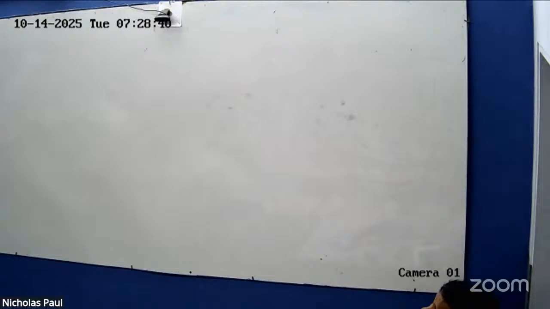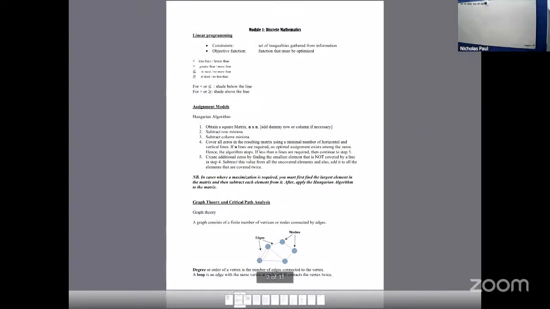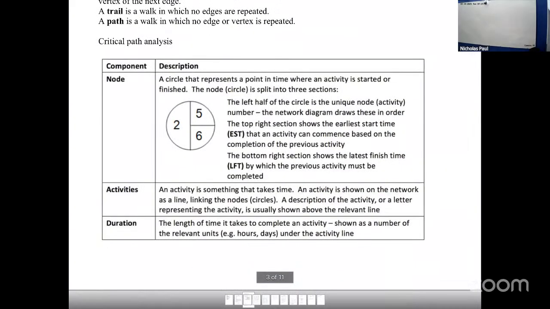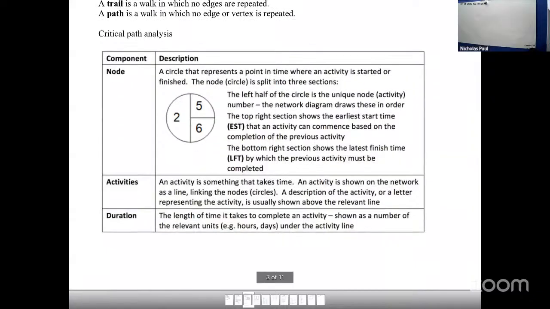Right, so here's what we have. Critical path analysis: instead of drawing the letter on the outside and numbers on the lines, we want to make it clear.